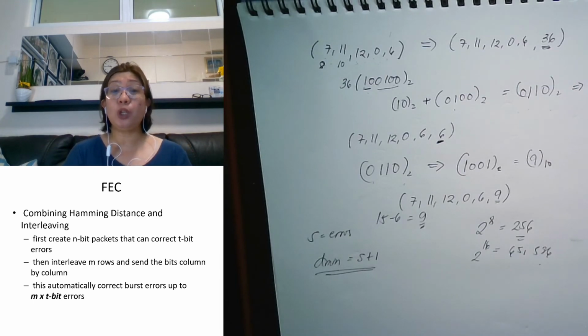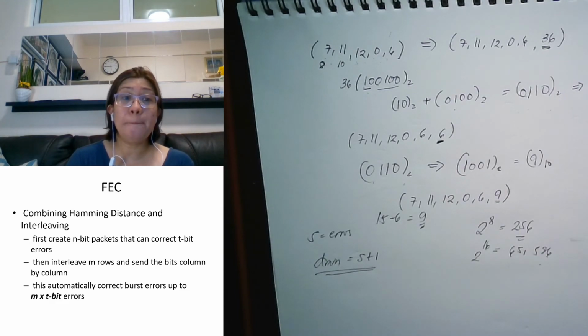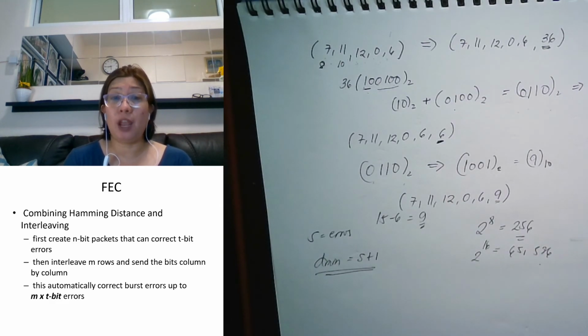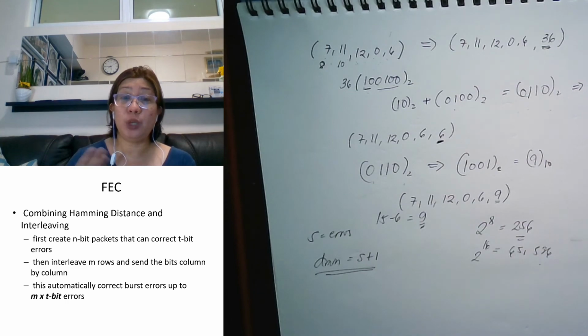This automatically corrects burst errors of up to M times t bit errors. As you can see, we have an increased number of corrected errors because it is M multiplied by t.